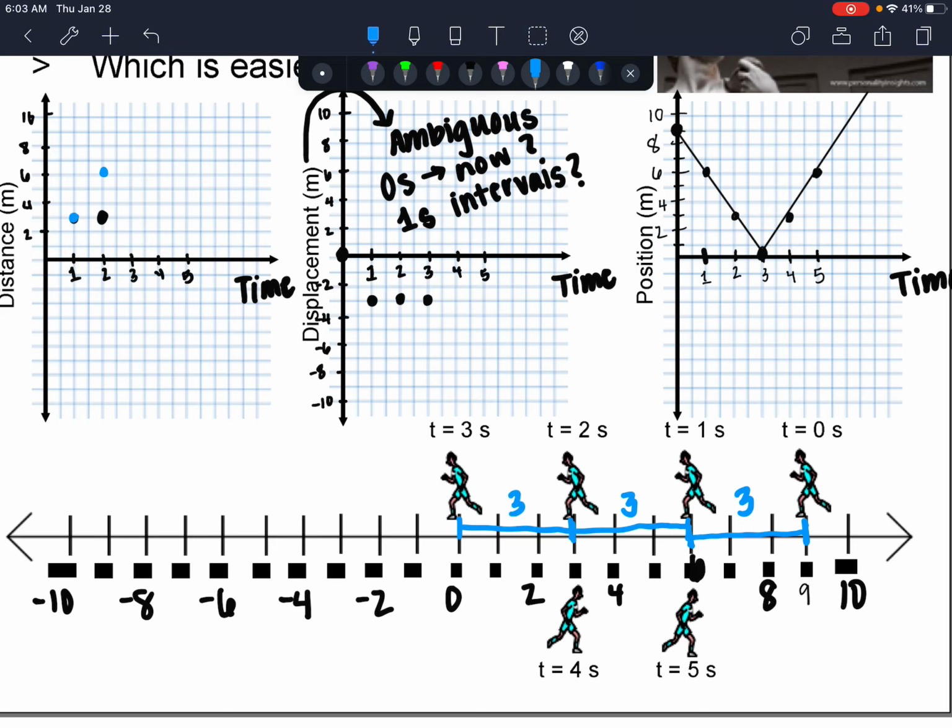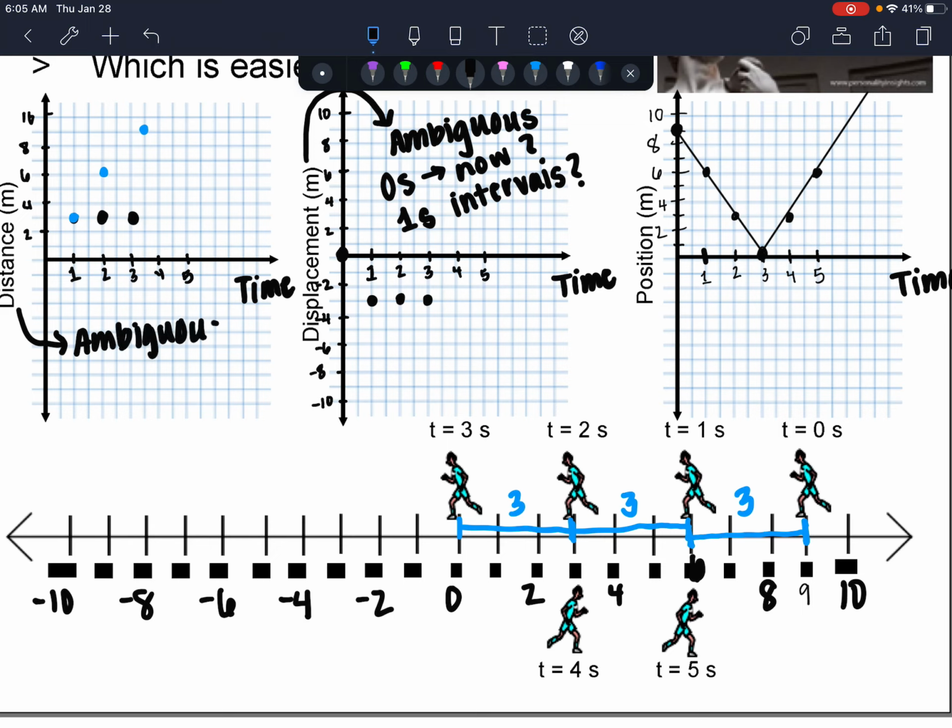From 2 to 3 seconds, that's a length of 3. So I guess I could say that it was 3, or I could look from 0 and say, well, the total length traveled from 0 to 3 is 9, so on and so forth. And we're going to see that once again, we end up with the same issue. Distance is ambiguous. Why?